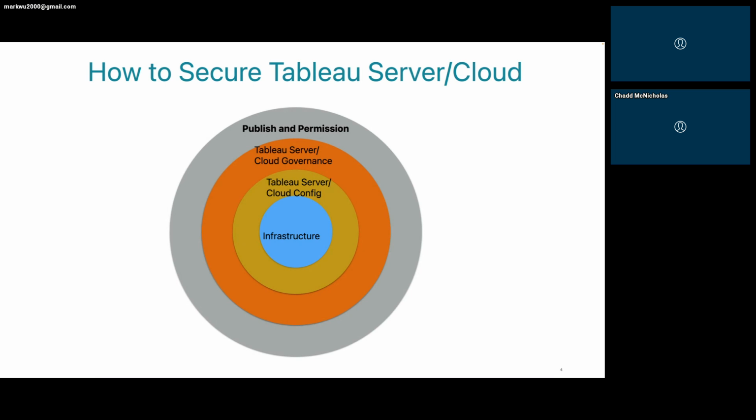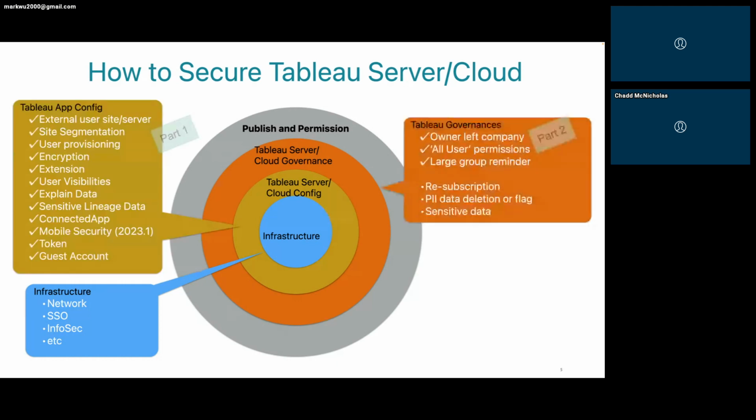Additionally, you may have additional governance processes, which is mainly my topic today. And then outside are, of course, the publishers. They own their content permissions. Let's just double click on each of those.